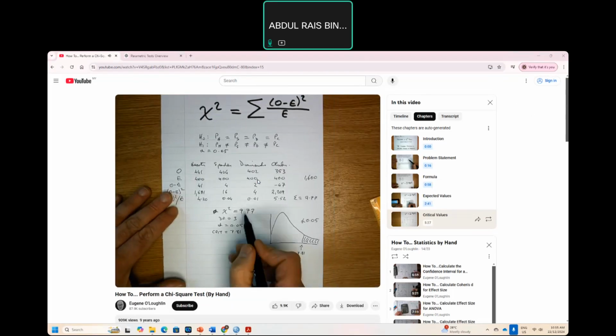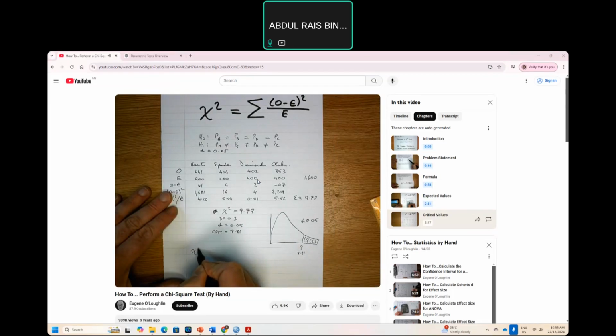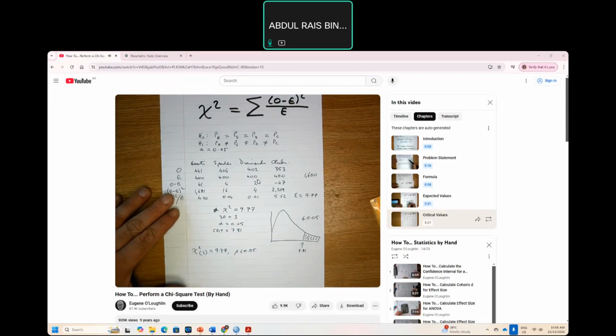We can see that my chi-squared value exceeds that, so now it's time to report and make a decision. So we report like this: chi-squared for 3 degrees of freedom is equal to 9.77, and our probability was set at 0.05. We can see here that our chi-squared value is greater than our critical value.